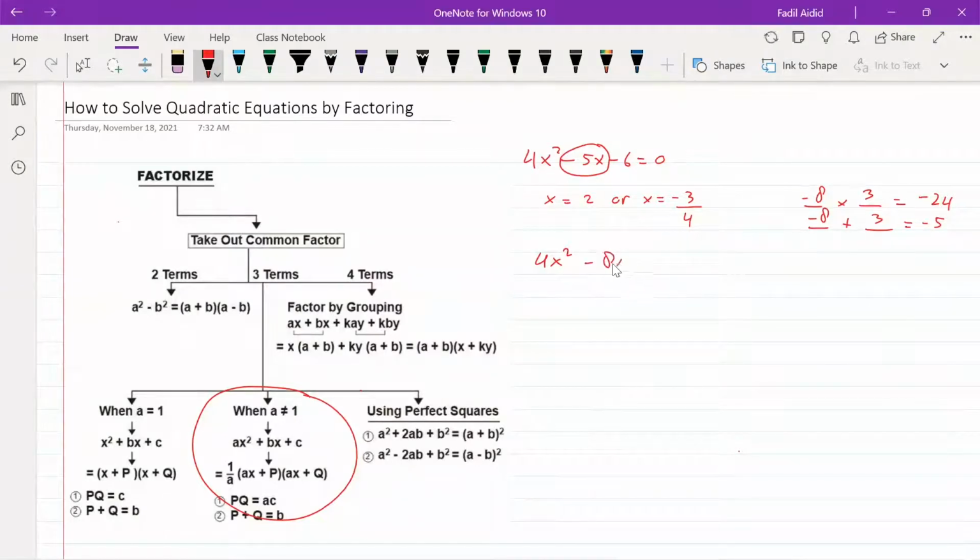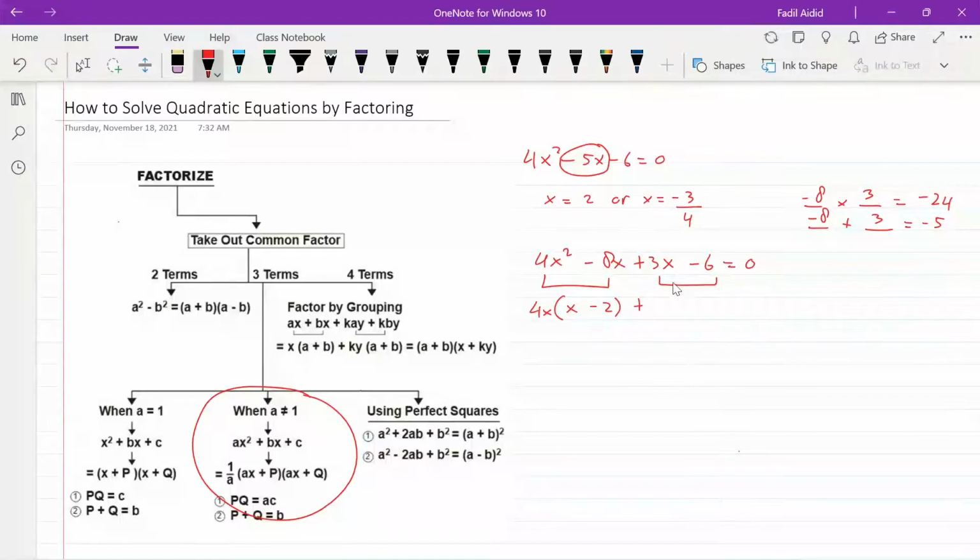So -8x and +3x, and then -6 equals 0. Now you have four terms. You group each of the two terms, and then take out the common factor between each group. The first group is 4x squared minus 8x. The common factor is 4x, so you take out 4x. The rest is just x minus 2.